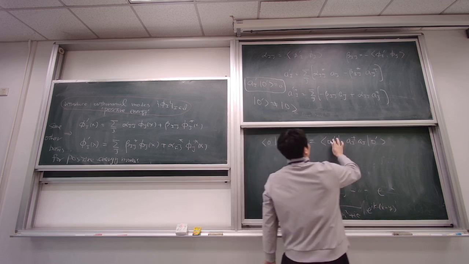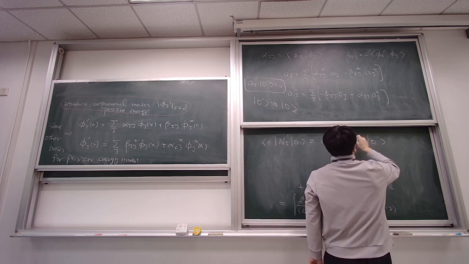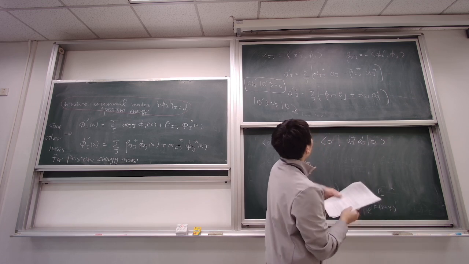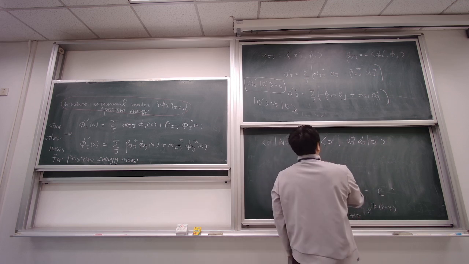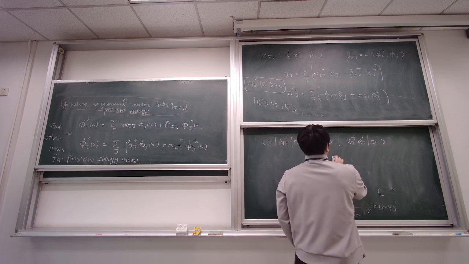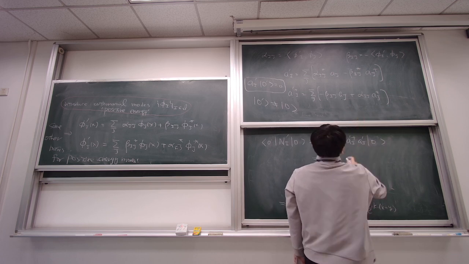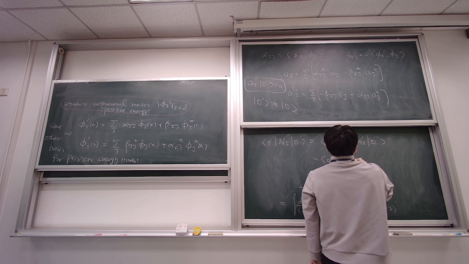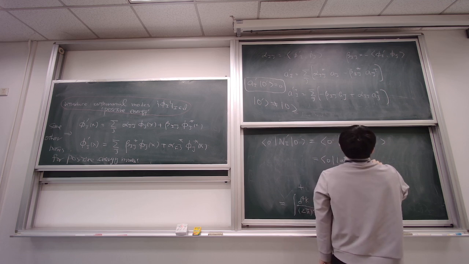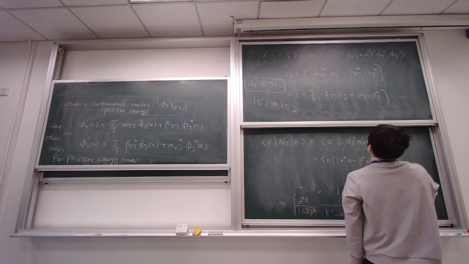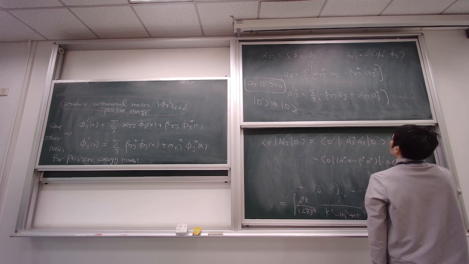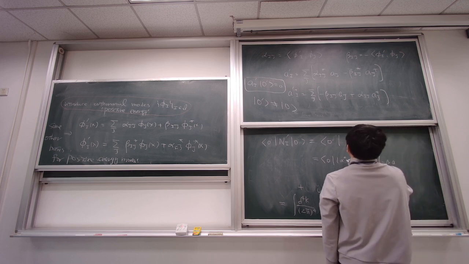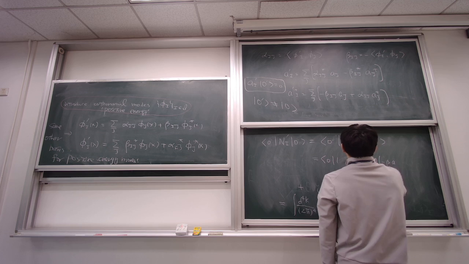You can go this way, it's also okay to do it that way, and plug this into here. Then what you get is |0> and use this one: alpha star, I'm not going to write the indices, beta star a dagger minus beta a plus, oh, what am I doing? So it's opposite. Sorry.